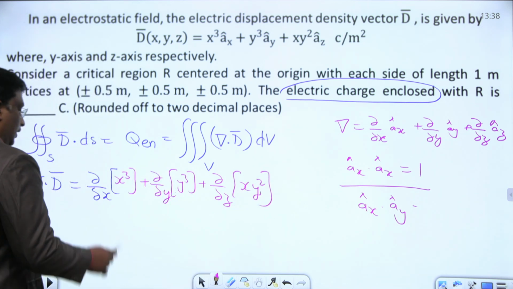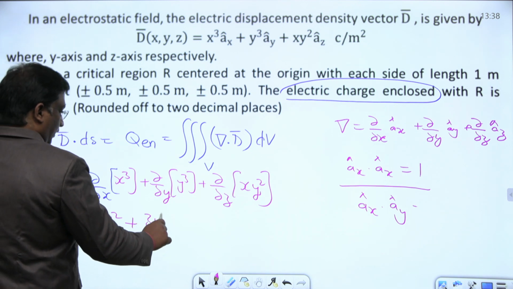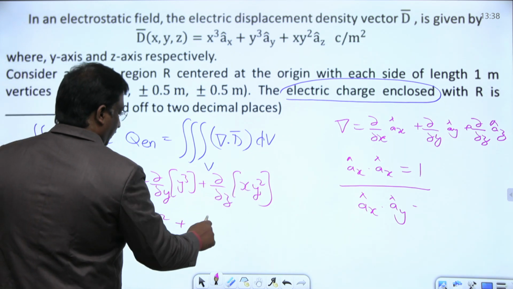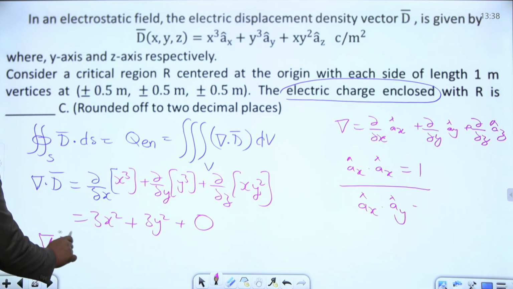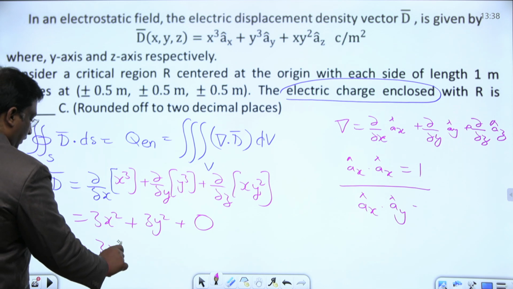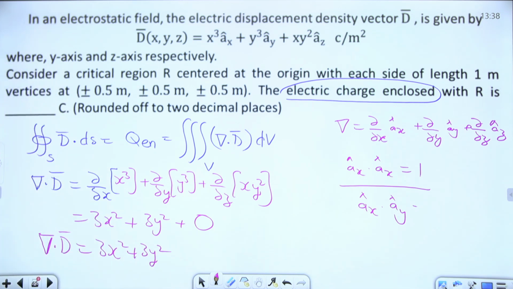This is 3x square, this value is 3y square, and this value is independent of z, so it is 0. Therefore del dot D bar is 3x square plus 3y square.